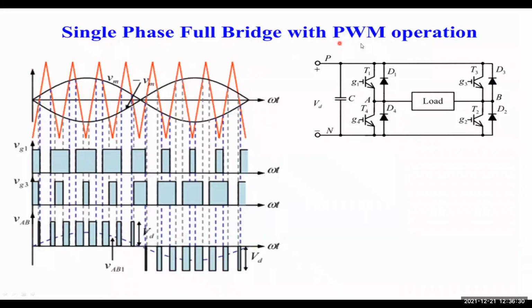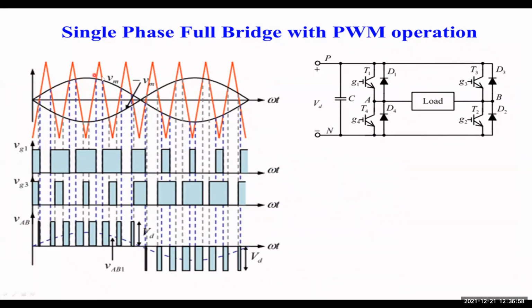Single phase full bridge with PWM operation. Here, this is called a high frequency triangular waveform. This triangular signal is called the carrier signal, and this is called the sinusoidal reference signal. There are two reference signals and one carrier signal.